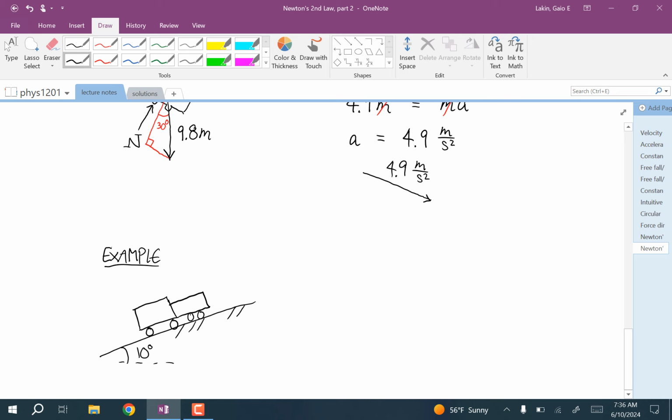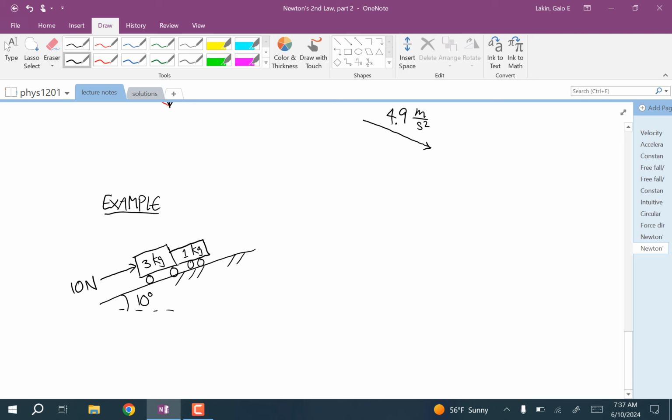Let's say that this one has a mass of 3 kilograms. This one has a mass of 1 kilogram. And let's say that there's a force applied on the left of 10 newtons.